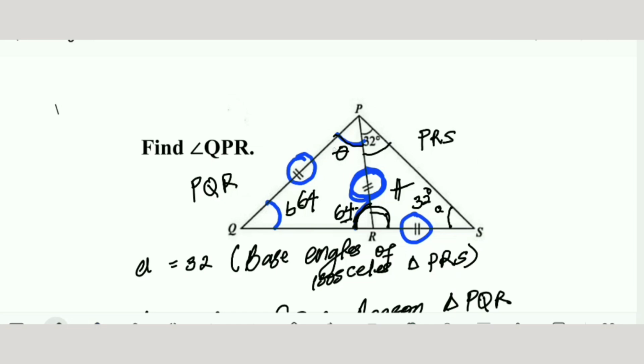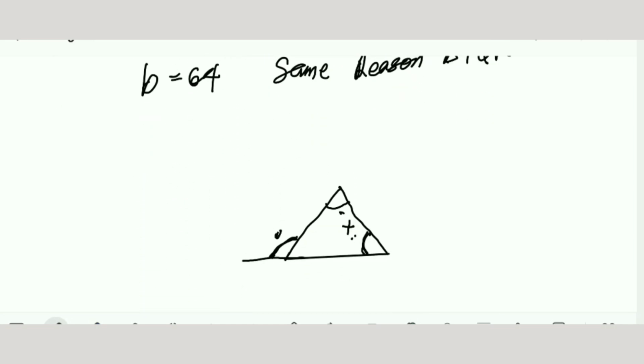So now we want to find theta, which is angle QPR. That's what we're looking for. How do we find this theta? One way is to sum up all the angles in this triangle, which gives 180 degrees. So I say theta plus 64 plus 64 equals 180 degrees.